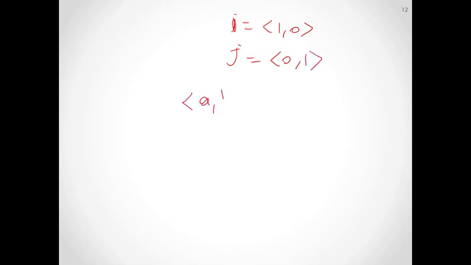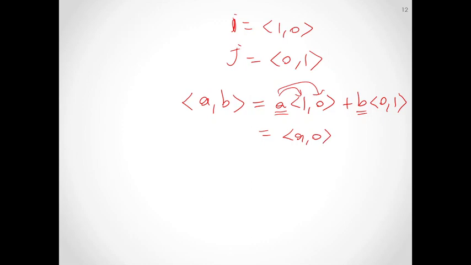Now (a, b) can be written as a times (1, 0) plus b times (0, 1). These are just numerical values, scalars. So a times 1 is a, a times 0 is 0, b times 0 is 0, and b times 1 is b.